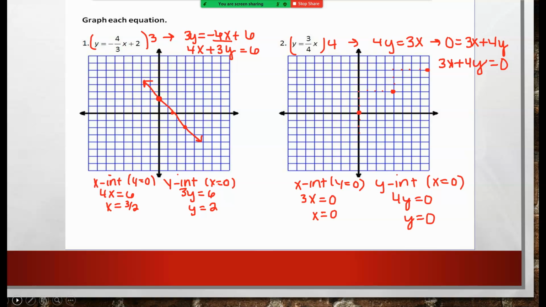You could also go down 3 and left 4. When graphing, I'd like to see at least 3 points on a line. I don't care what direction you go. Typically, you'll start at your y-intercept and go from there.